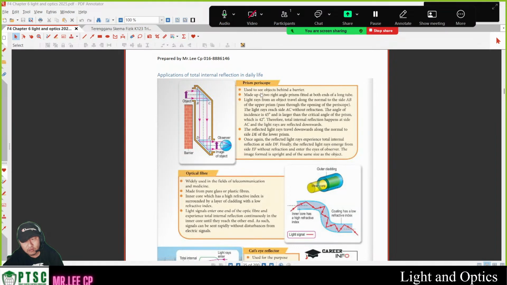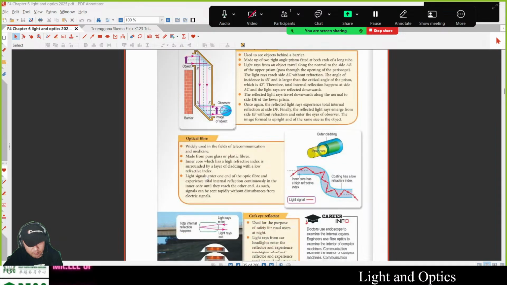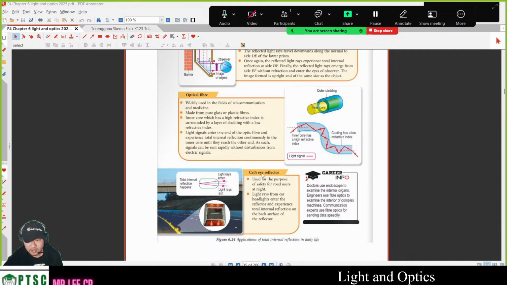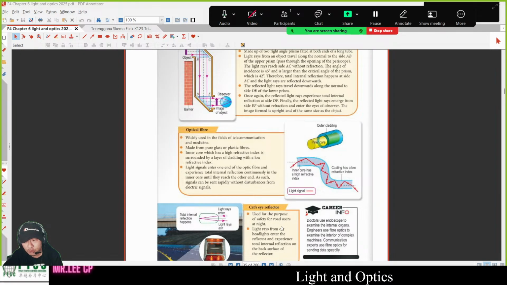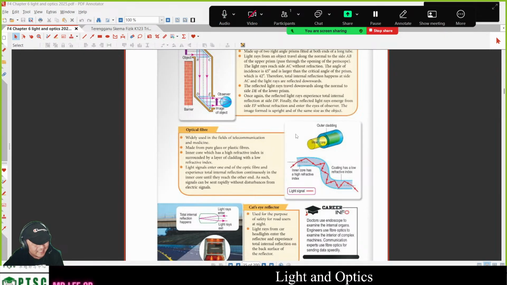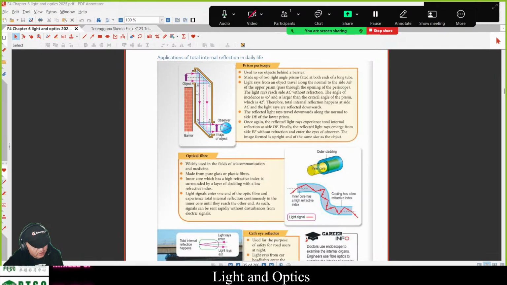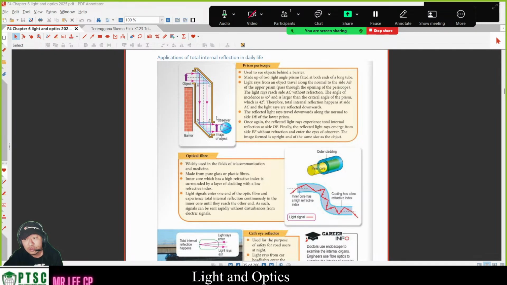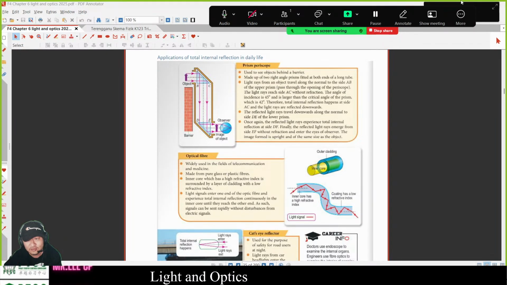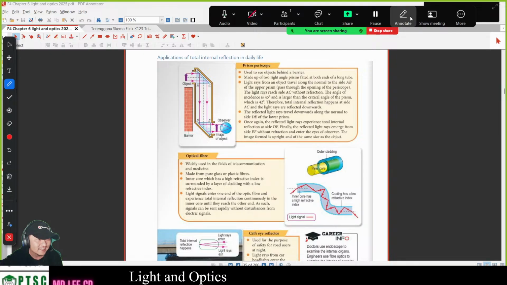So this one you have to read through: prism, periscope, optical fiber, and cat's eye reflector. So all of these are important, alright, especially in essay. In essay, this one, structured or essay, is very important. So you try to read through. You can try and read through. Here is too much, so I don't. Never mind lah. I'll explain a little bit.